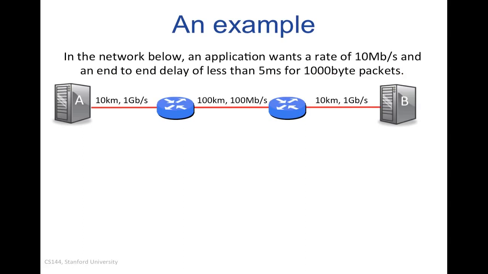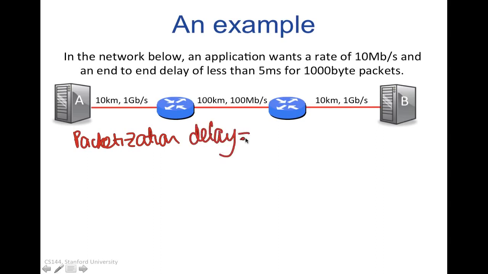First of all, let's calculate the fixed portion, because there's nothing we can do about the fixed portion of the end-to-end delay. That's going to be made up of the packetization delay and the propagation delay. Let's look at the packetization delay first. Packetization delay, end-to-end, is the sum of the packetization delay across all of the links. On the first link, I've got 1,000 byte packets that I'm sending.